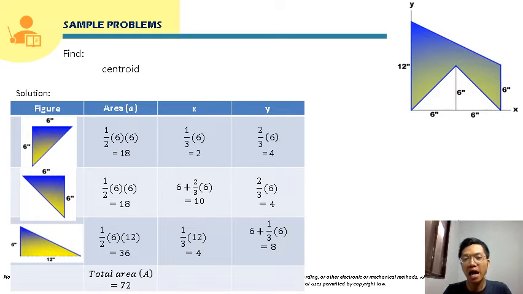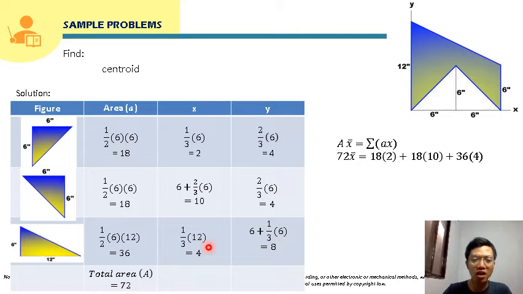Applying our formula to solve for x bar and y bar, for the total area we have to sum up all the areas here. So this will just be 18 plus 18 plus 36, so that will be 72. Applying that to our formula, this will be 72 x bar, equal to the summation of ax.